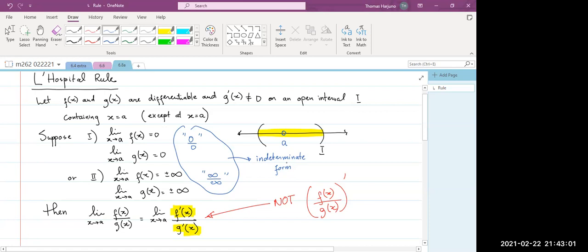We cannot tell. 0 over 0 may be 0. Maybe 1, or the same number divided by itself, maybe 1. But somebody can also say this is equal to 2, by the way.